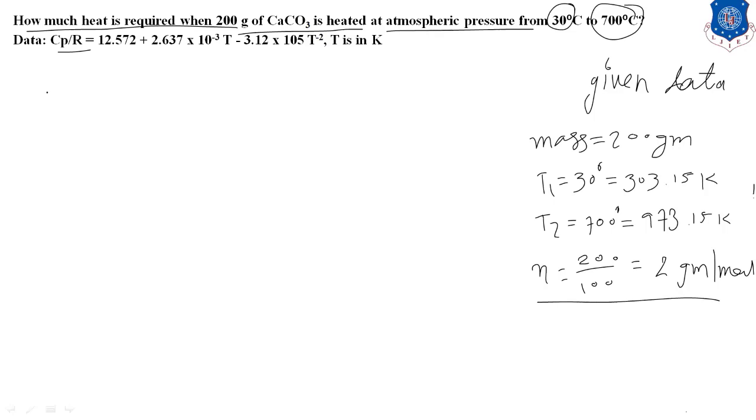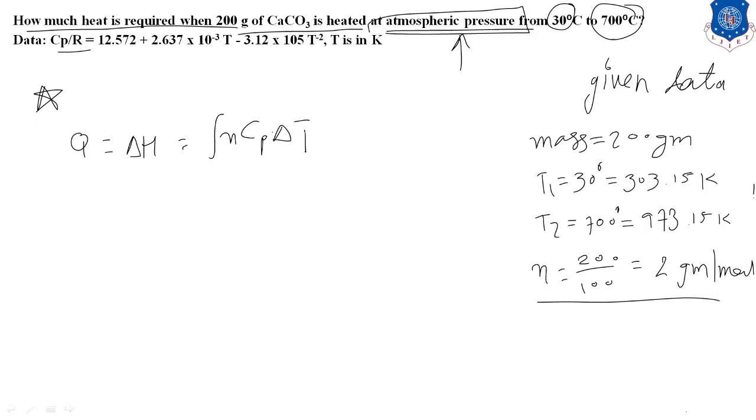So we know that at constant pressure, Q is equal to delta H. The statement says heat is required when 200 gram of CaCO3 is heated at atmospheric pressure, which means constant pressure. For constant pressure, heat is equal to enthalpy change, and that can be given by integration of N Cp dT.